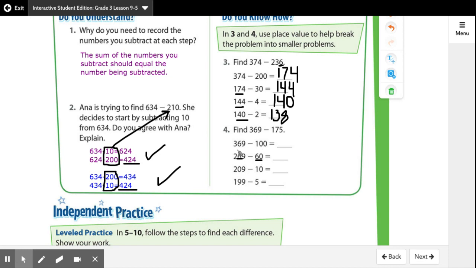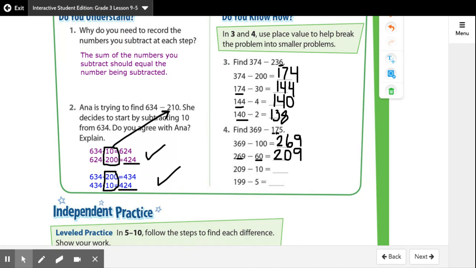So let's try this one out. 369 minus my hundreds, so there's 100. That's 269. 269 minus 60 is going to give me 209. Okay, see how that's easier? I'm making the math easier in my head when I break up that tens place into more compatible numbers.